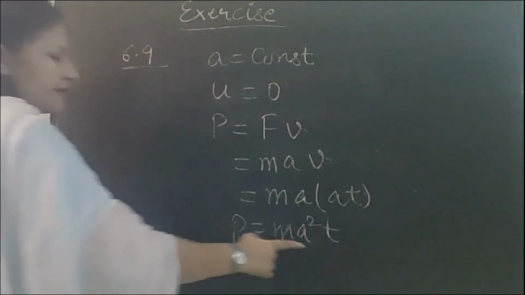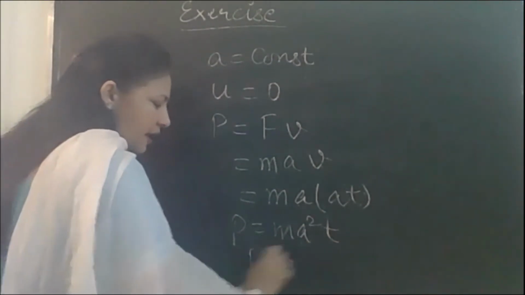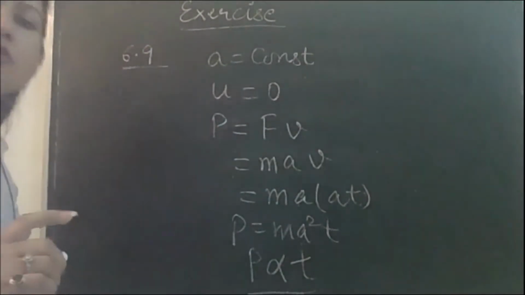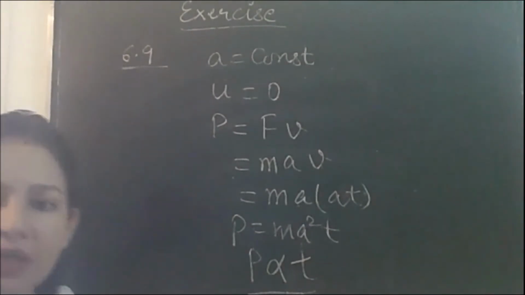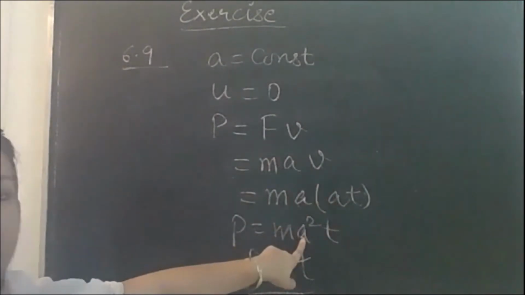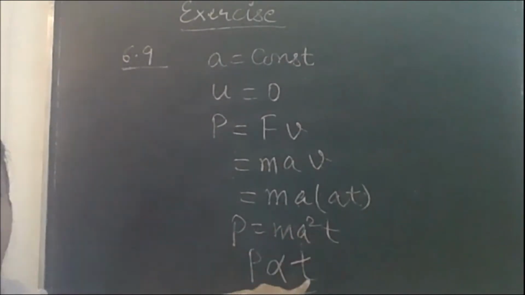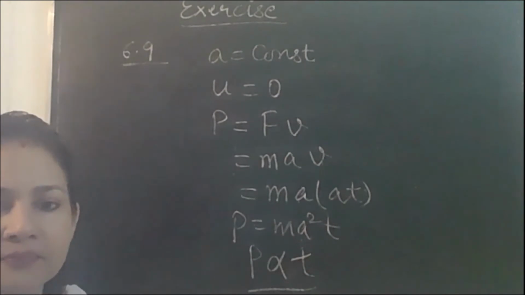Okay, so since acceleration is constant, mass is also constant, power is directly proportional to time. So it is proportional to first power of time. This is our answer. If acceleration is constant, mass is already a constant, power will be directly proportional to time. So P is proportional to t here.